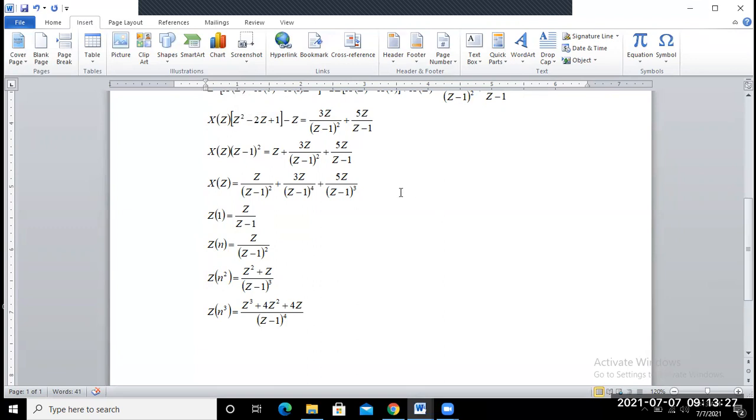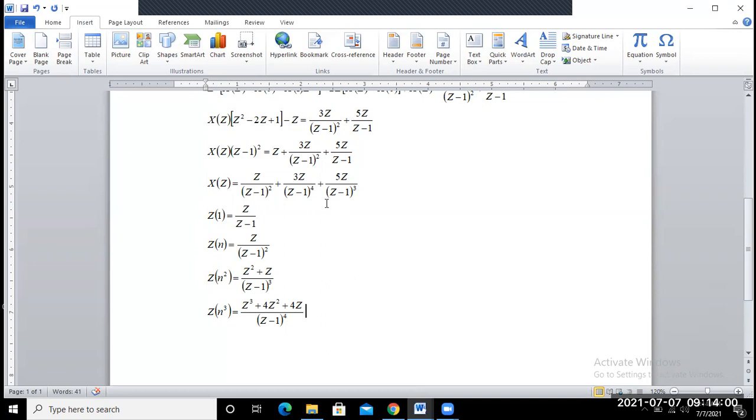So this equation, that means X(z) equals z by z minus 1 whole square, plus this one. If you simplify the second and third terms, it becomes 5z square minus 2z divided by z minus 1 whole to the power 4.